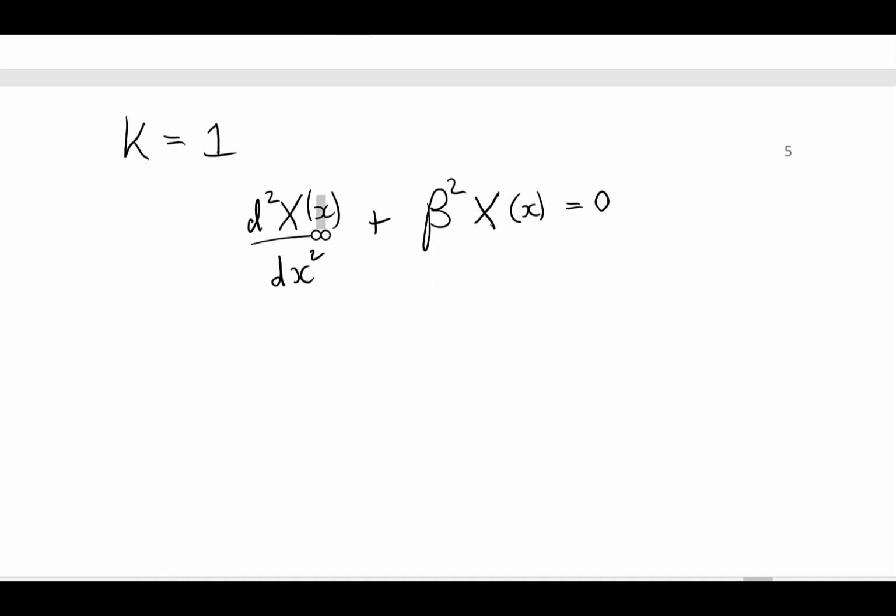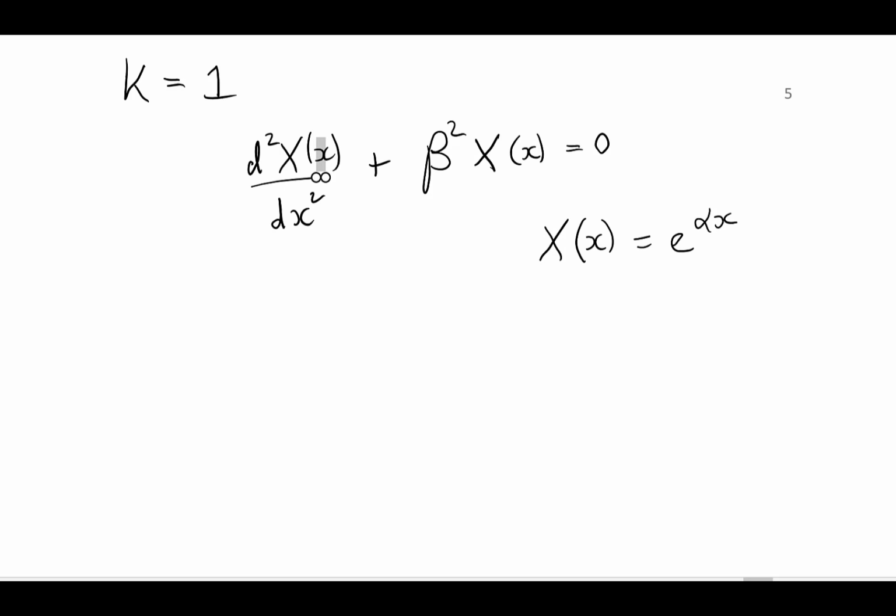And what we're going to say is, since we said that we were allowing our function x of x to be equal to e to the alpha x, this is still valid, but as we plug this in, we're going to end up, of course, with our alpha squared e to the alpha x plus beta squared e to the alpha x.